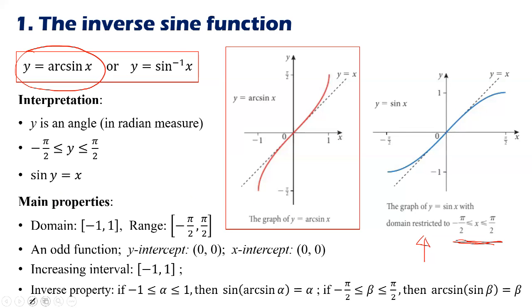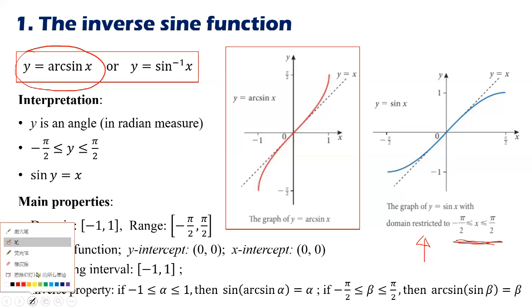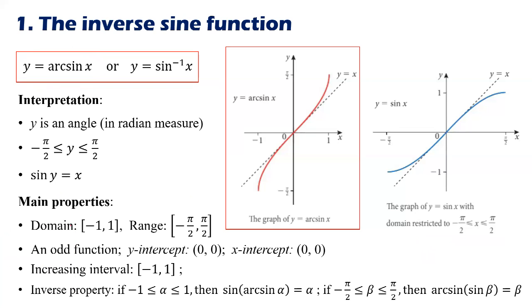Okay, the main properties of inverse sine. First of all, the domain is -1 to 1, right? Because the x here is just the sine value of y. If it is a sine value, it must oscillate between -1 and 1, right?